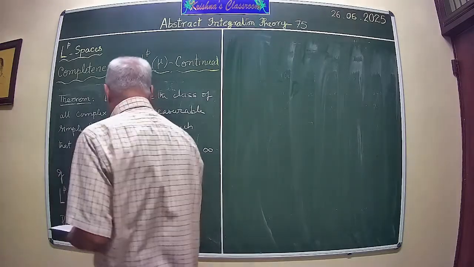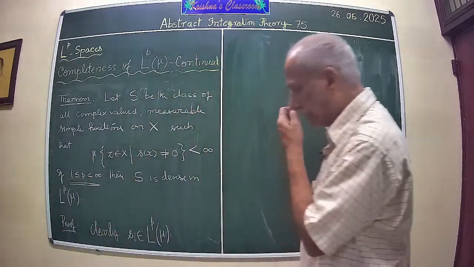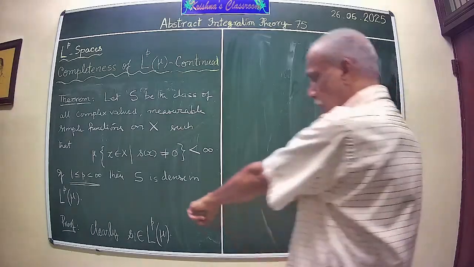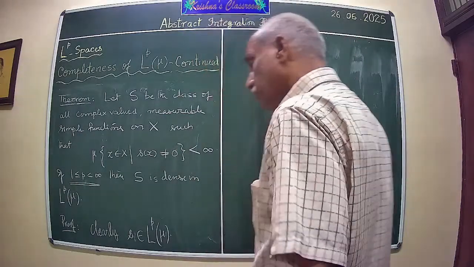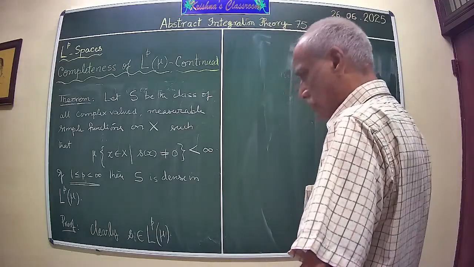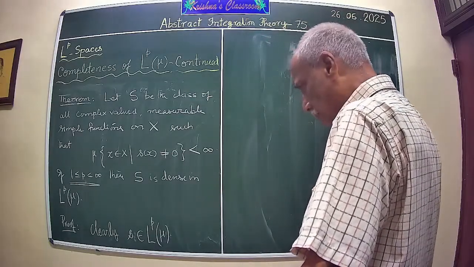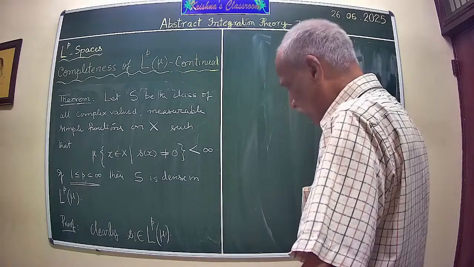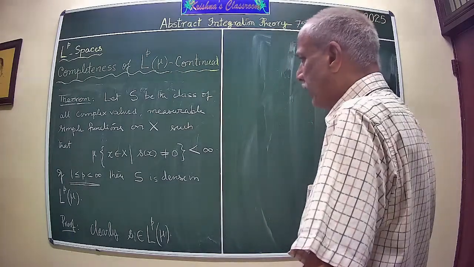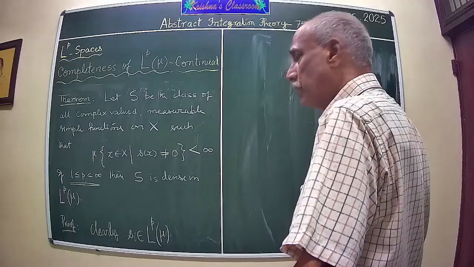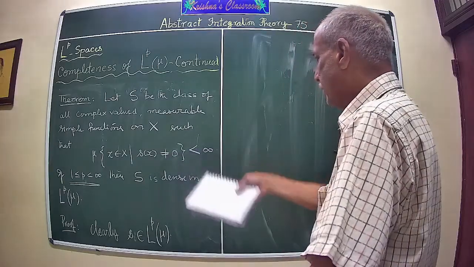Why is it in L^p(mu)? Because you see that s is a bounded function because it takes only finitely many values. Therefore, it is a bounded function, clearly. Further, the set on which it is not equal to 0 has finite measure.